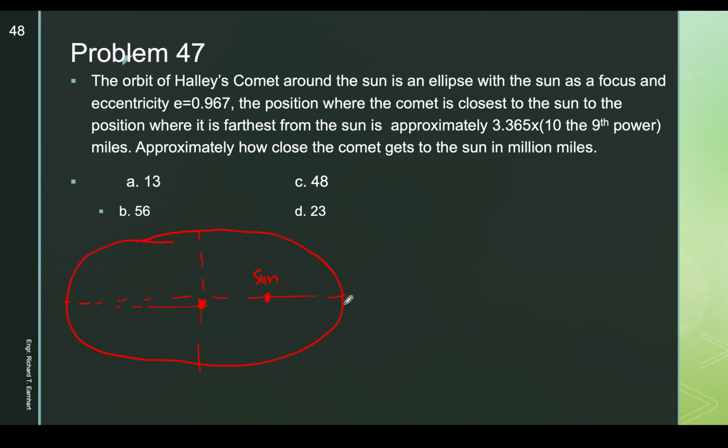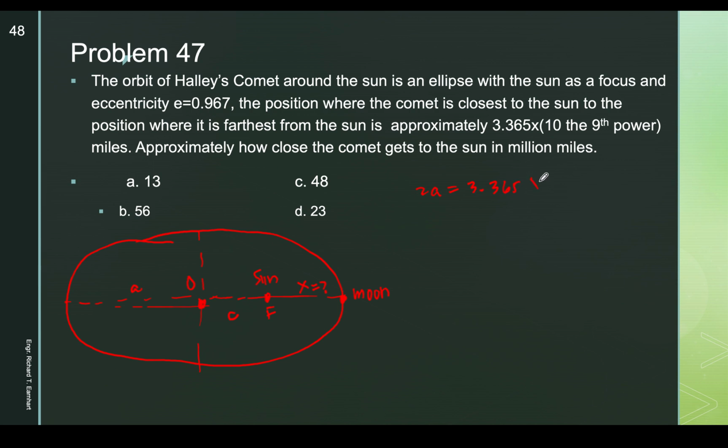And suppose this is the position of the comet. We want to find this distance x. Take note that this is your c, from focus to the center of the ellipse.